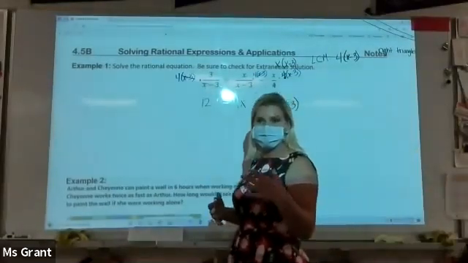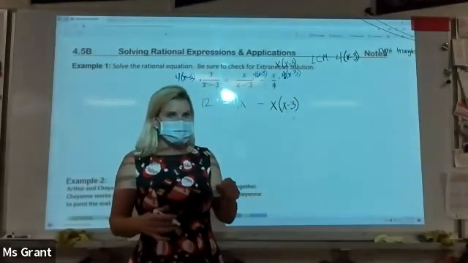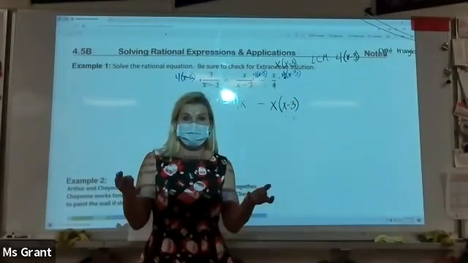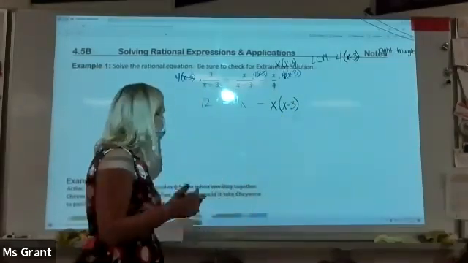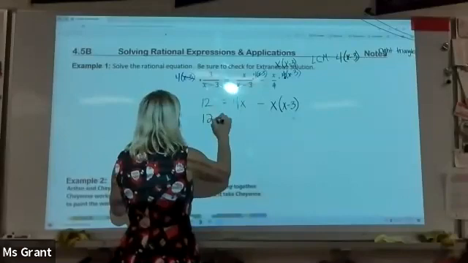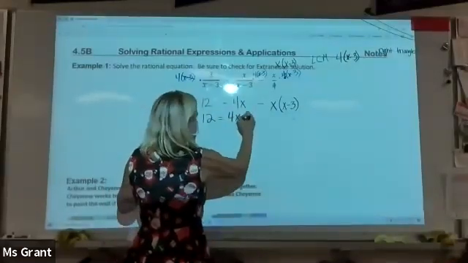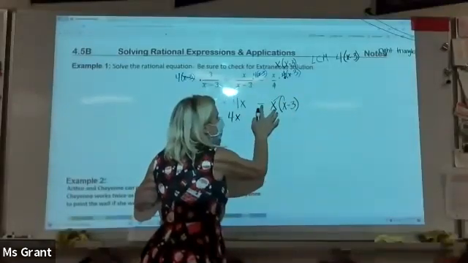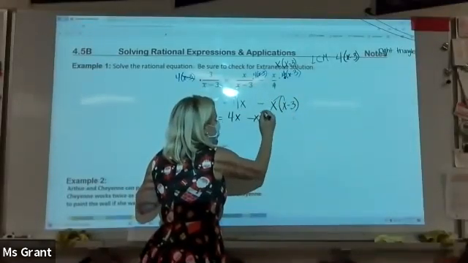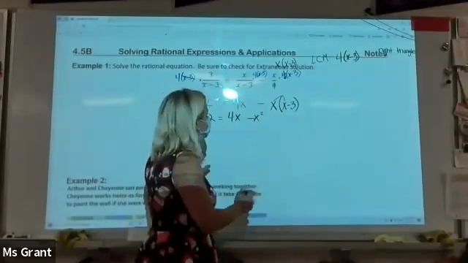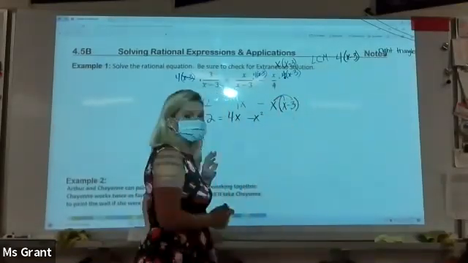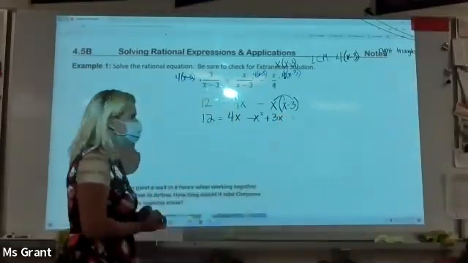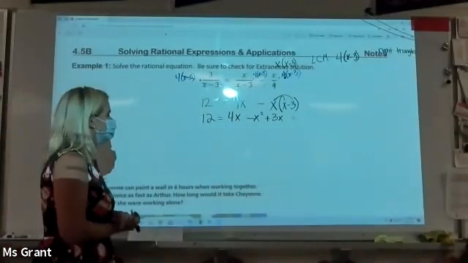Once you have your fractions canceled, then I'm trying to get all the terms together so that I can have a trinomial, factor that, right? 12 equals 4x. Now, distribute negative x times x, negative x squared. Negative x times negative 3, positive 3x. Got it? Be careful with the negatives.